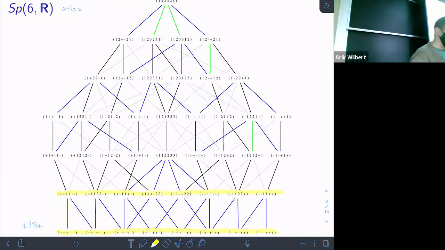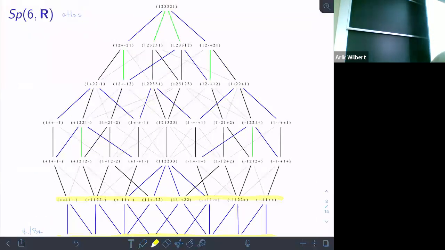So these are all smooth. Actually, the open one is smooth also. Maybe I'll just highlight a couple more of this form. So here's one. There are a few more, but not all of the smooth K-orbits in this case are of that form.